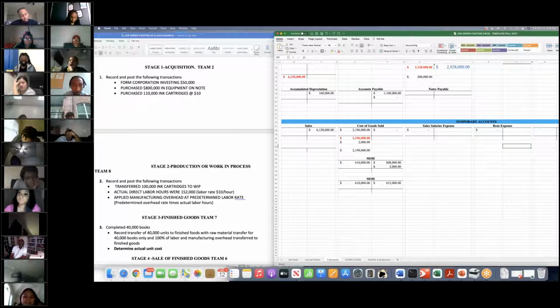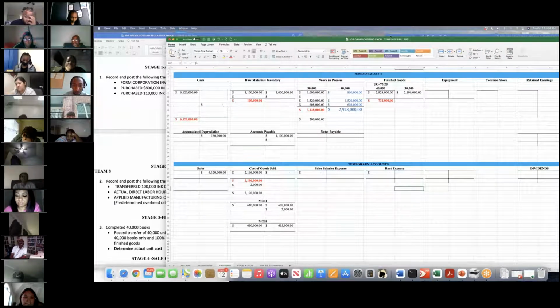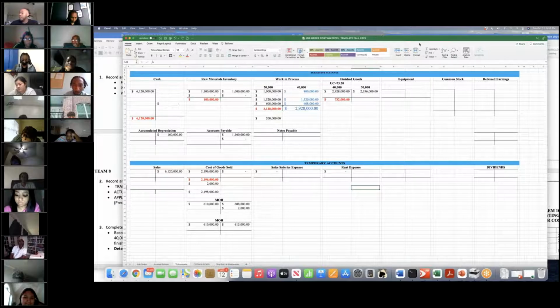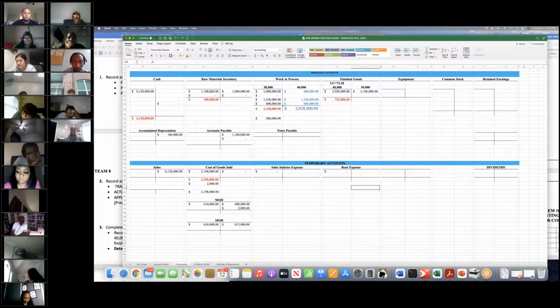Let's go down to accounts. We're mainly concerned with the manufacturing one. We have the cash and the equipment. I don't think we posted it yet. So this is where we bought $1 million in raw materials.